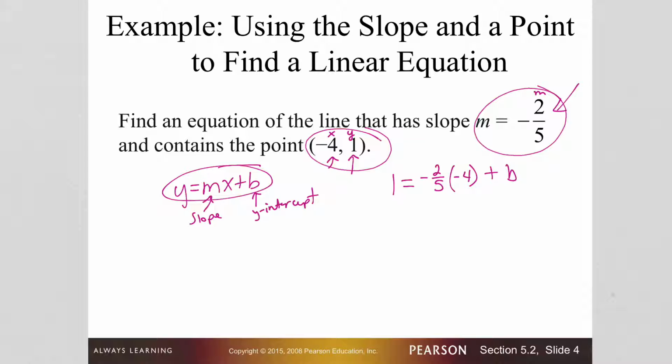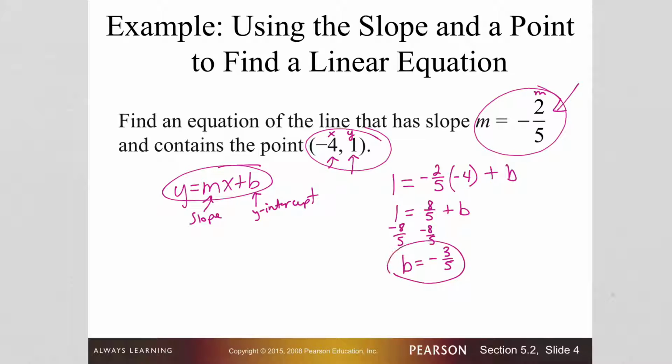Now I'm going to solve for b. 1 is equal to, whenever I multiply these two together, I get 8/5. Now to get b by itself, I need to subtract 8/5 from both sides. And I get that b is equal to negative 3/5.